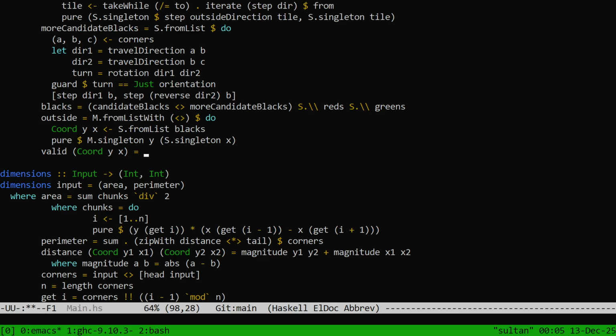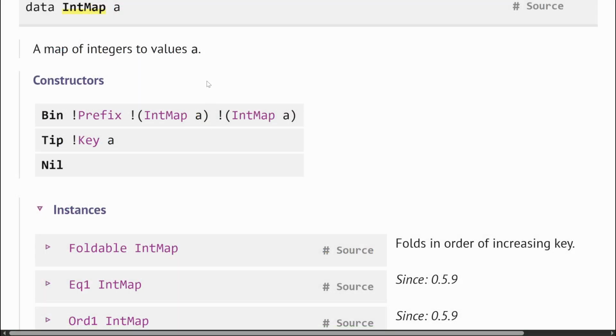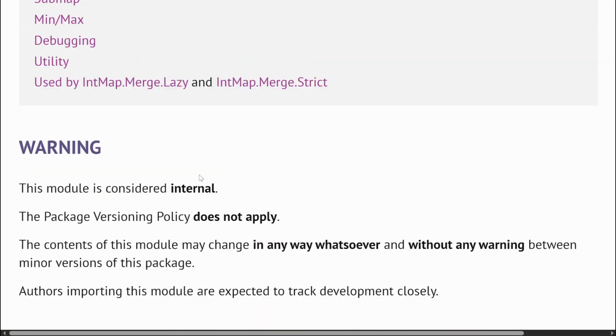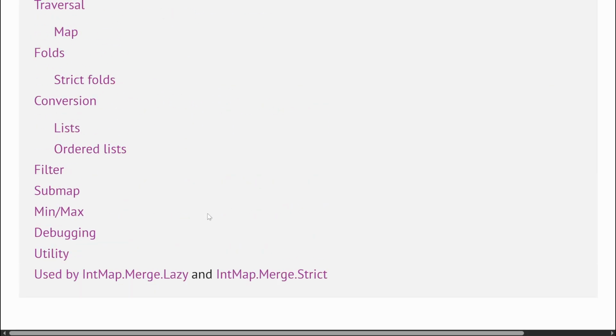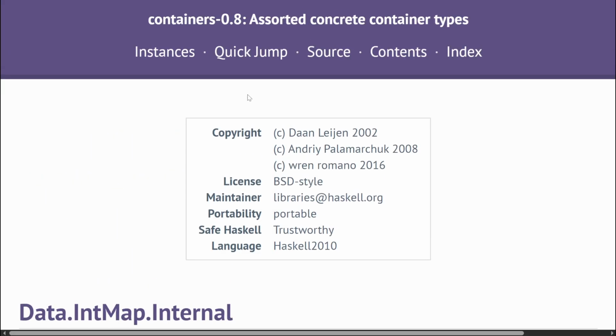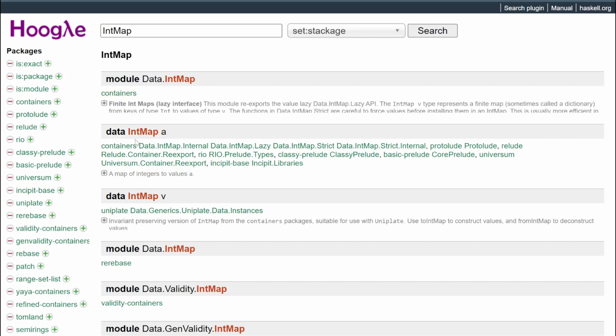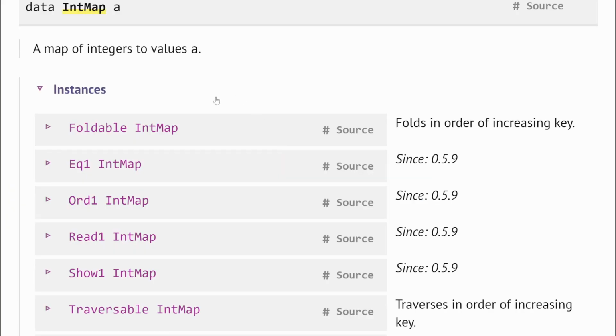okay. Now I need to actually look at how to get submaps out of a map. So an int map, I'm probably looking at the wrong package. Yeah, don't use this package, use, okay. Google finds, you have to tell it which one you want. I mean, strict would be best, I guess, but I'm not being specific, so I'm probably getting a lazy one. It doesn't really matter to me.